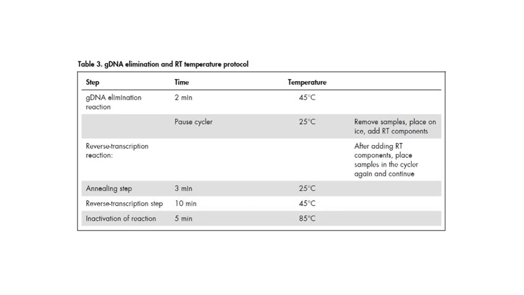Then you need to keep it on ice. After removing from the ice, you need to do the reverse transcription reaction, where the annealing step is 3 minutes at 25 degrees Celsius, the reverse transcription step is 10 minutes at 45 degrees Celsius, and inactivation of the reaction is 5 minutes at 85 degrees Celsius.